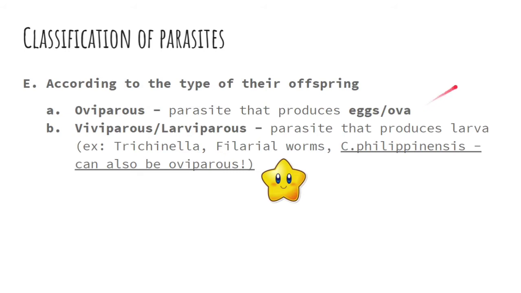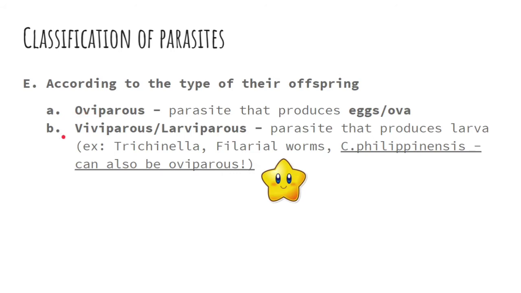So, mas mabivisualize nyo to, guys, kung nakakakita kayo ng life cycle. Explain naman natin yan as the time goes along. But for now, it is good for you to know that oviparous parasites are those parasites that produce eggs or ova. Yung eggs class ha, ova din po ang tawag doon, okay? With regards to the parasite. So, para hindi madaling makalimutan, ovi, ova, or egg. So, itong mga parasite na to, naglilay po siya ng egg or ova.